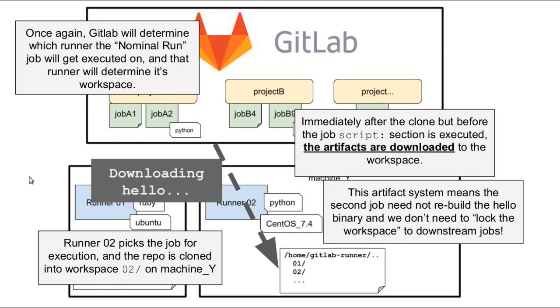So what GitLab CI has done here is created a scalable solution where each job that runs need not worry about the prerequisites, because that is handled for you automatically through artifact uploads and downloads. So in my example where we had 2 runs instead of 1, both could execute in parallel and both would download the hello binary because it needs it as a prerequisite to run in this example.